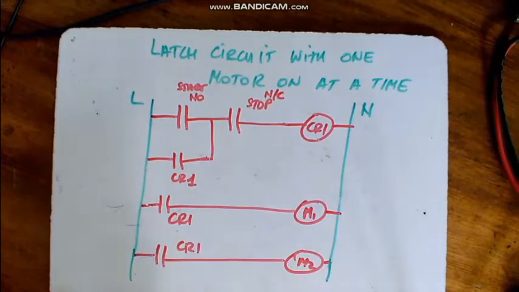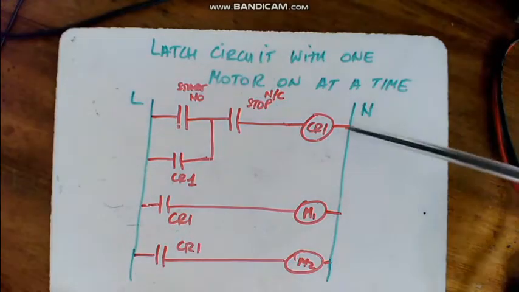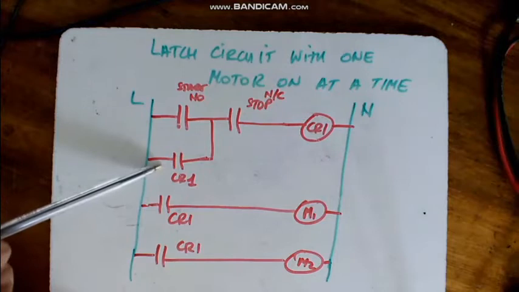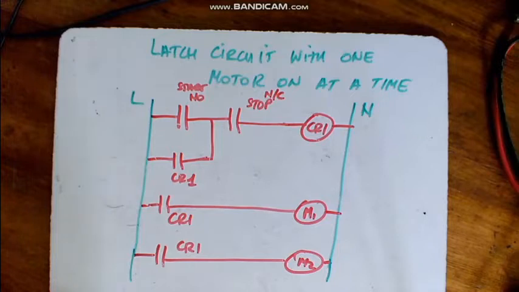So we are trying to say that once you press the start button, the contact will close. Once the contact closes, the switch will remain latched on, causing CR1 to remain latched on, causing both motors to run at the same time. But we want one motor to run at a time, meaning one must be on, one must be off.